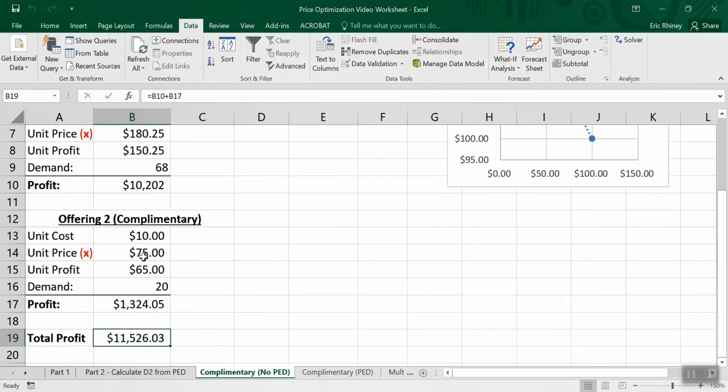I mean, previously we were selling this product for $1,200. We're going to sell this for as much as possible because we don't have any constraints in terms of price elasticity here.